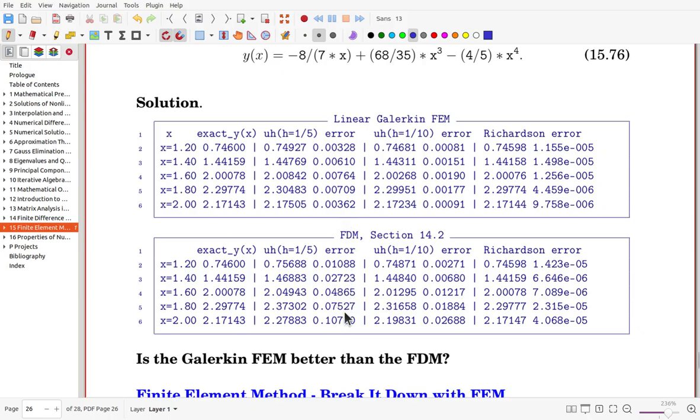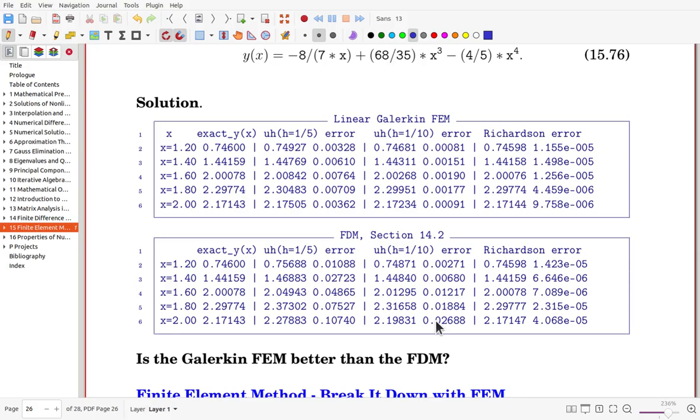As you can see, the error from the linear Galerkin FEM is smaller. Also for the case h is 1/10, the error is smaller than in the finite difference solution. So for this example, the linear Galerkin method is better than the finite difference method.